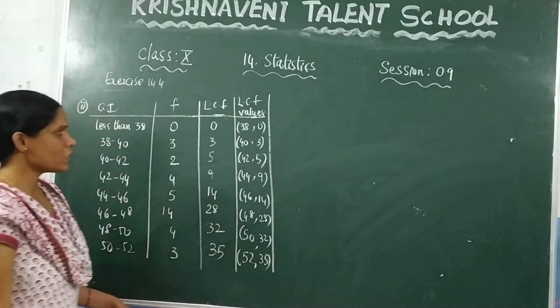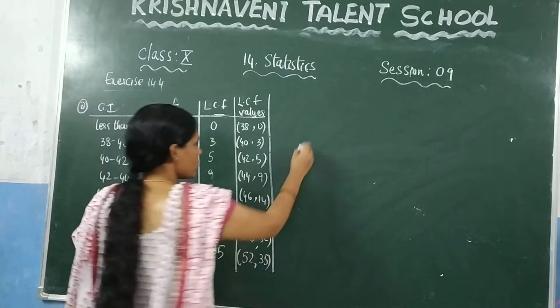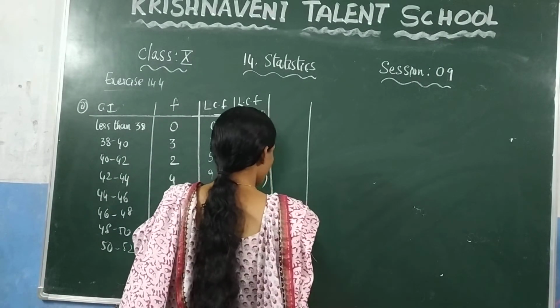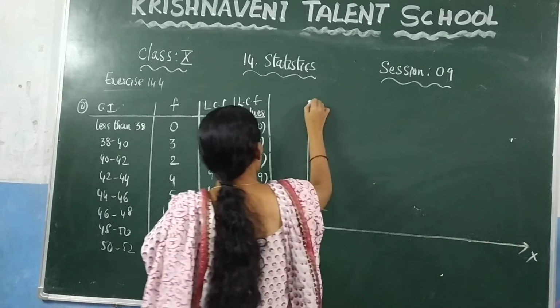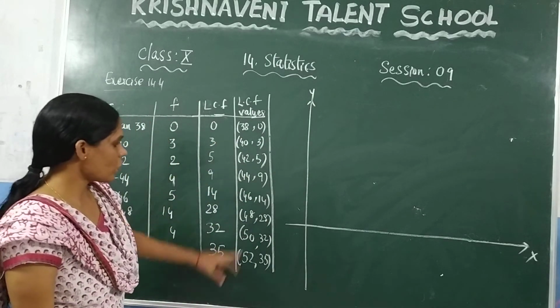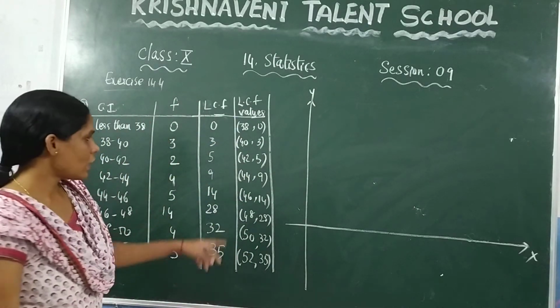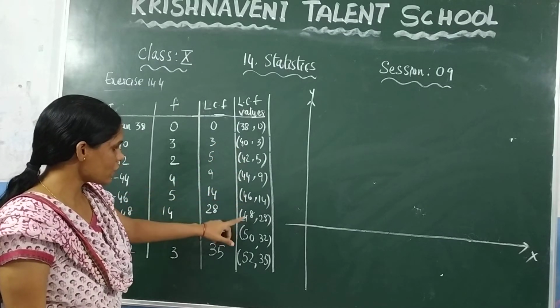Now you need to represent these points on a graph. You will come to know how to draw it, right? Just draw the x-axis and the y-axis. Check the x-axis points here: 38, 40, 42, 44, 46, 48.